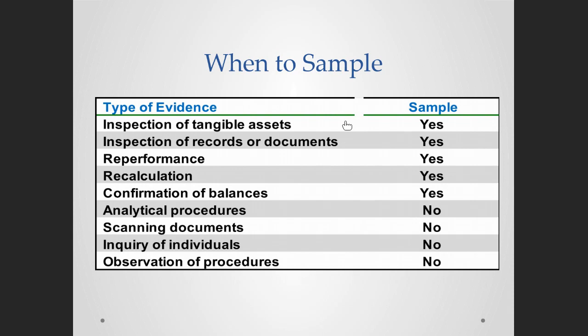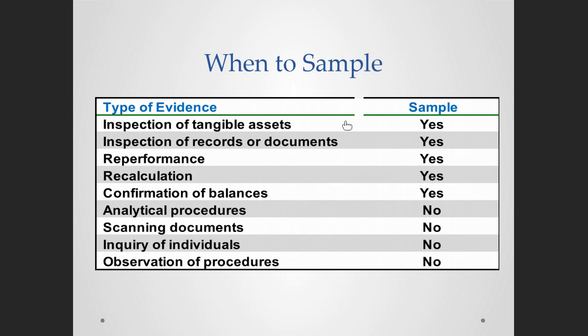In other procedures, you don't have to take a sample. You can do all the work because there is not a lot to do. And we're going to try and introduce ourselves to some of these procedures.